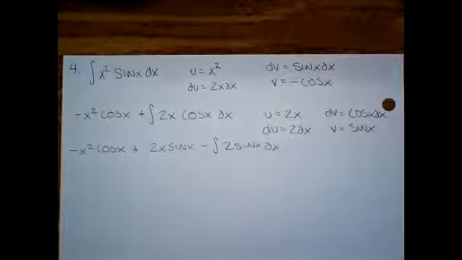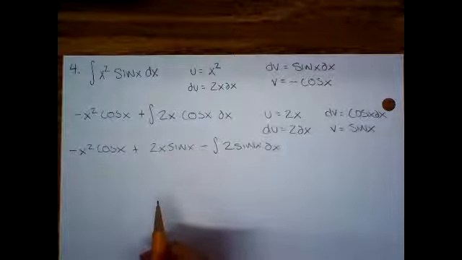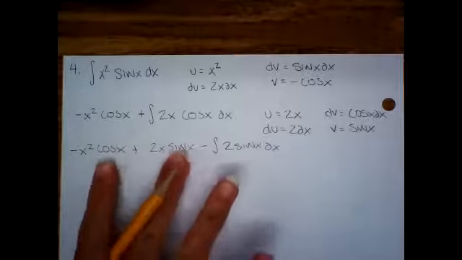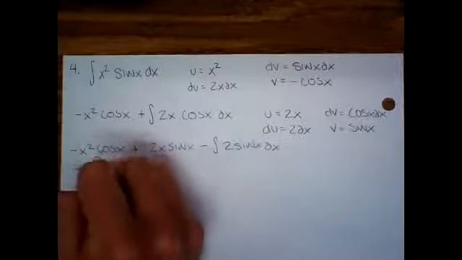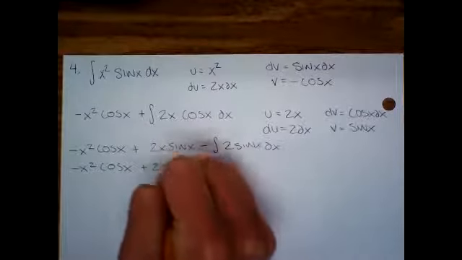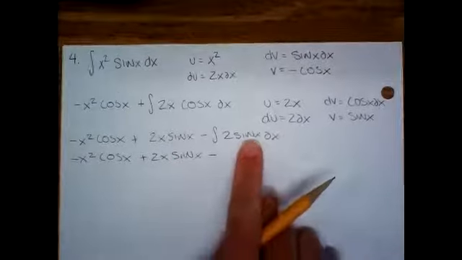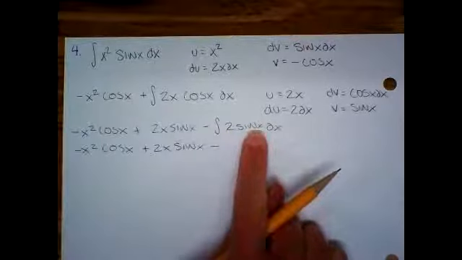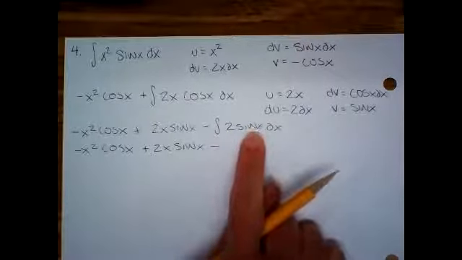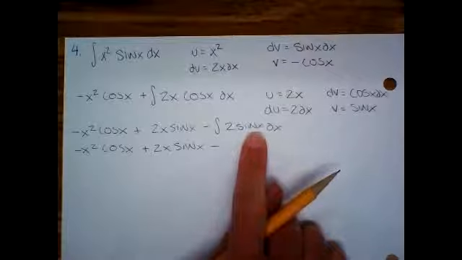So there's going to be 3 terms in your answer instead of just 2. So there's a lot of copying. I'm just going to have to copy these down. All right, and now I need an antiderivative for 2 sine of x. Negative 2 cosine of x.